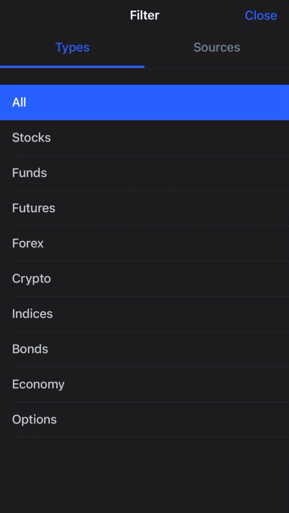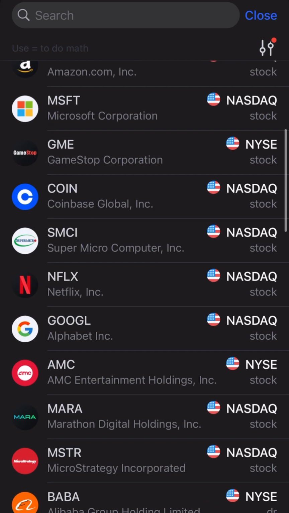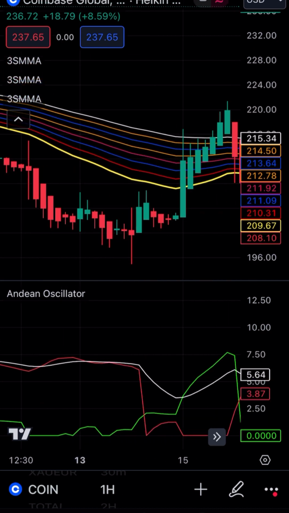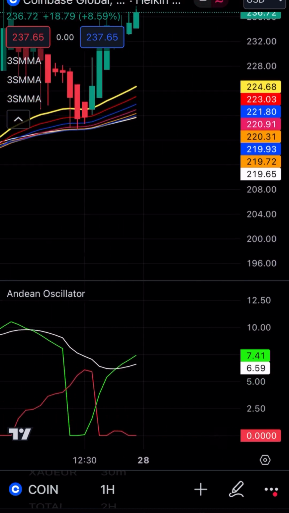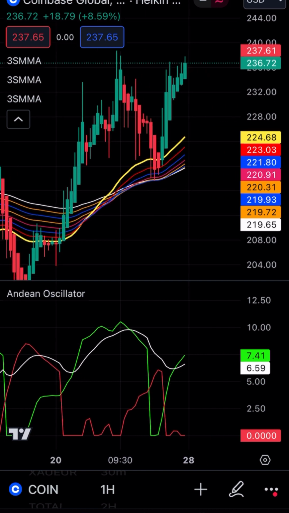Let's look at Coinbase. Now, Coinbase, it's the same rules that apply. Now, you can do this on a shorter time frame, but I'll probably go over that in another video. But today I kind of want to just go over doing all this on a longer time frame.